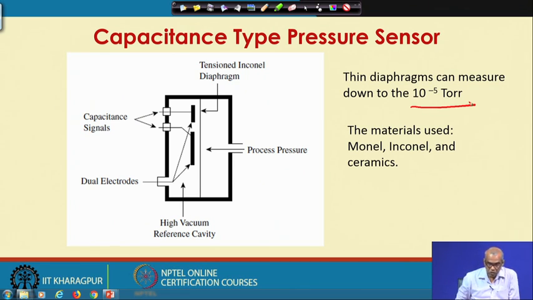So, it consists of a tensioned diaphragm.